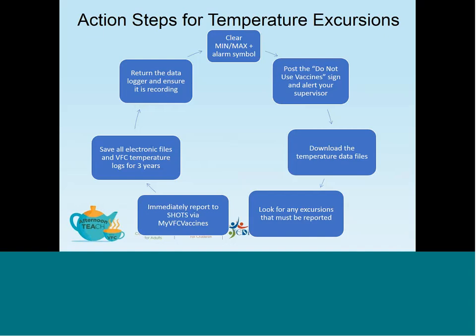You want to make sure you save all the electronic files, because this is a file you didn't usually save in the past, as well as the VFC temperature logs for 3 years. And if you haven't already done so, you want to return the data logger back to that storage unit and ensure that it's recording. And these would be the action steps that you would take each time you have an out-of-range temperature, or I should say, you have an alarm symbol on your digital display.